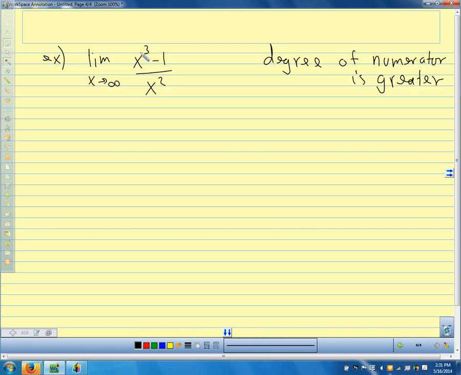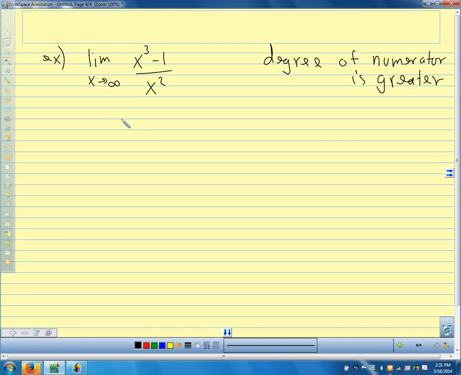So what does our function do if we have a slant asymptote? It's getting bigger and bigger and bigger, or if the slant asymptote goes down, it's getting smaller and smaller and smaller. So our function is getting really, really big, or really, really big negative. So our function is unbounded. So what does that tell us about our limit?